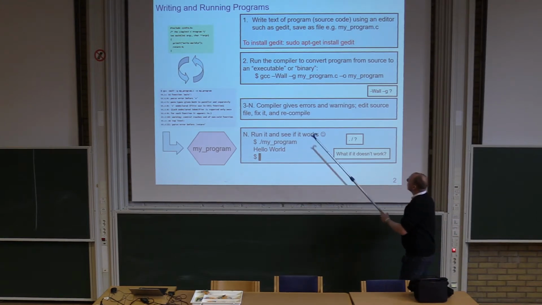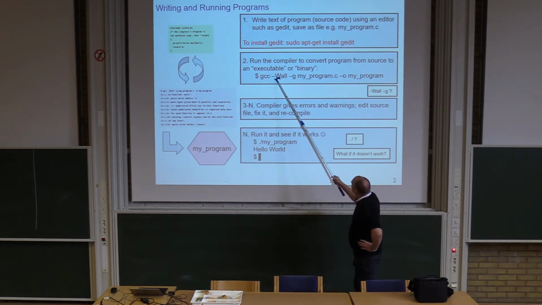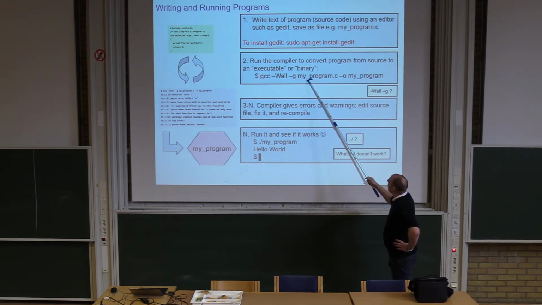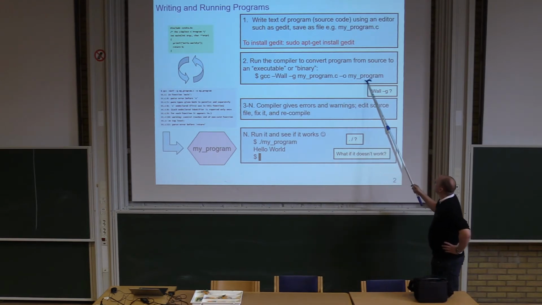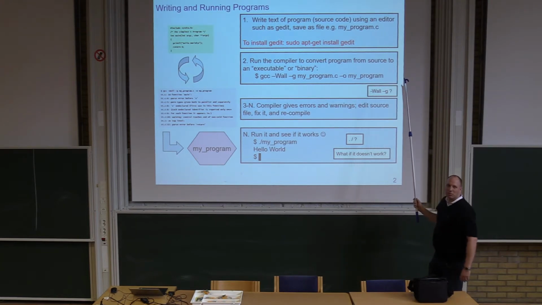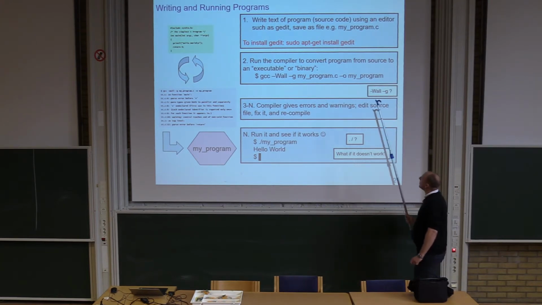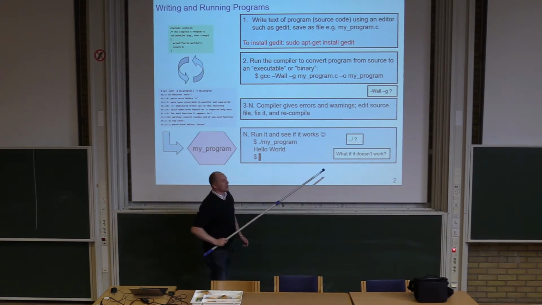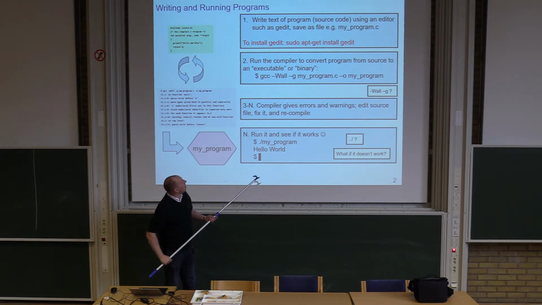Then you have some arguments, and you write the file name of the program you would like to compile, .c, and then -o, and then what the final program should be called. If you leave this out, it will be called a.out by default, but it's a good habit to give it a more user-friendly name.